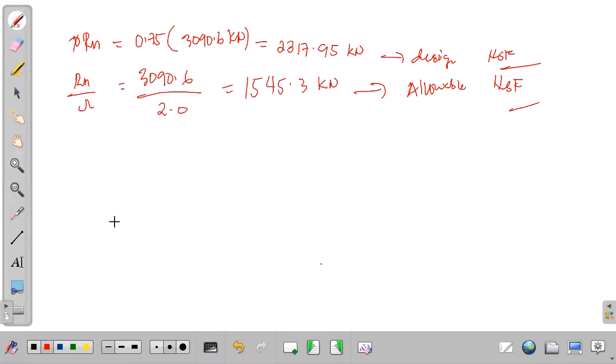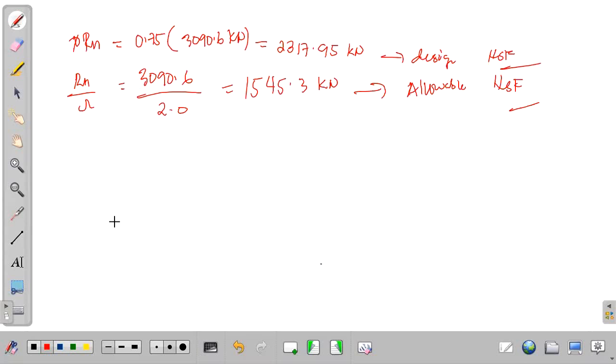Okay, so we have now the design tensile strength against yielding and against fracture. We also solved the allowable tensile strength against the yielding and fracture. Okay?